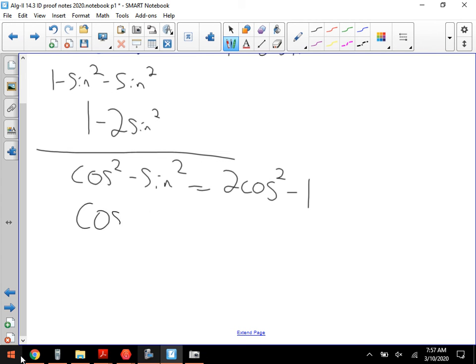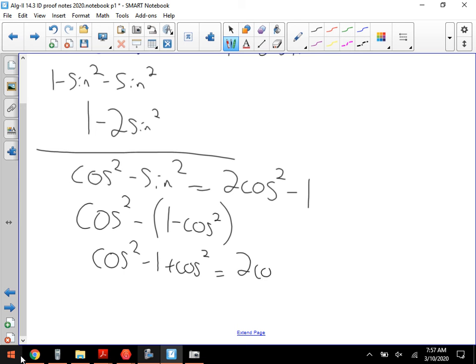You get cosine squared minus the quantity 1 minus cosine squared. You have to distribute the negative. You get minus 1, then you have a plus cosine squared. Which gives you 2 cosine squared minus 1.